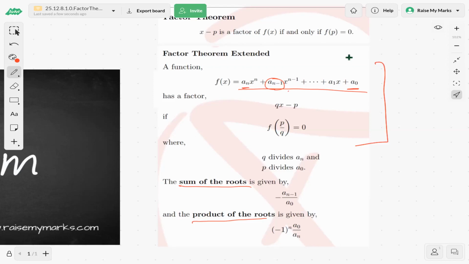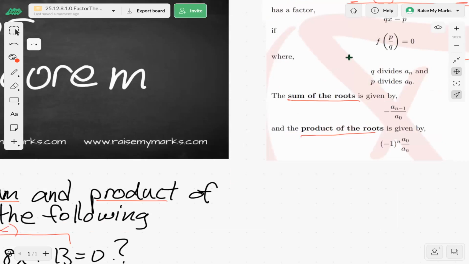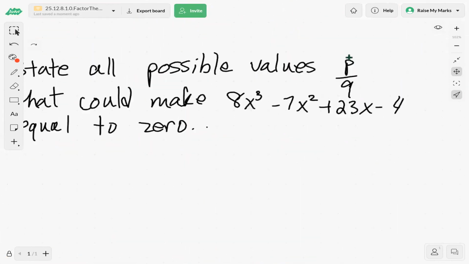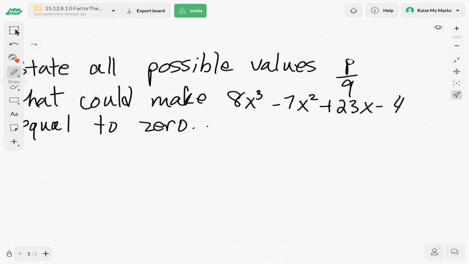So we need to find the factors of our leading coefficient and factors of our constant term, and then take their ratio. All right, so let's do that. Okay, so what is our leading coefficient?